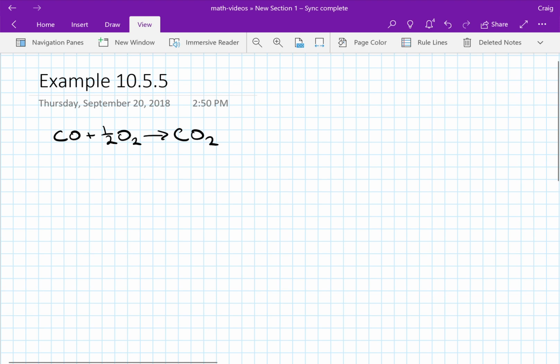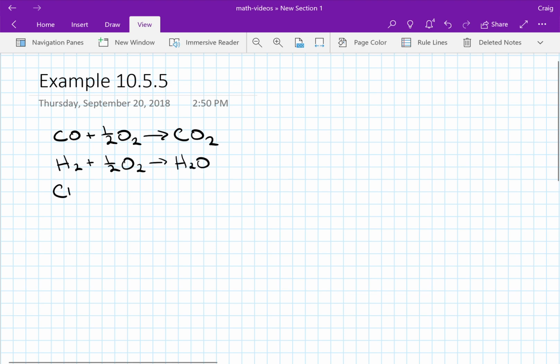Obviously you can't have half an oxygen molecule, so this is effectively more like two carbon monoxide molecules plus one oxygen molecule is converted into a pair of CO2 molecules. That's one reaction. Another reaction is where we have a single hydrogen molecule plus a half of an oxygen molecule goes to a water molecule.